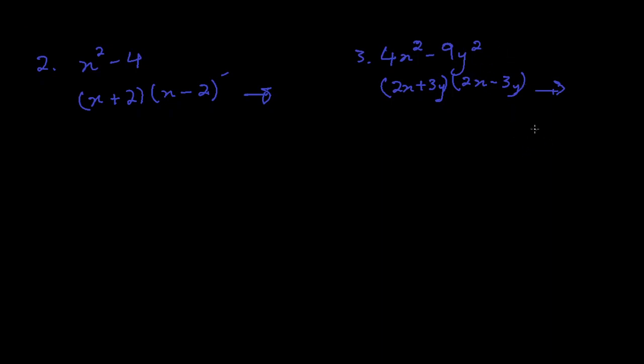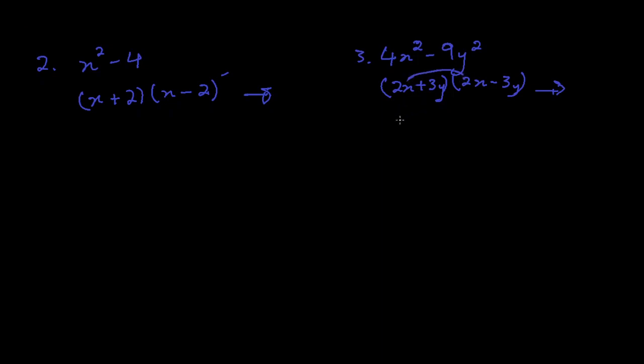So let me do it on this side. So this is your final answer. The next step, you do it on your question paper, not your answer sheet, in order to prove that you've done it correctly. So I'm going to take this and multiply.